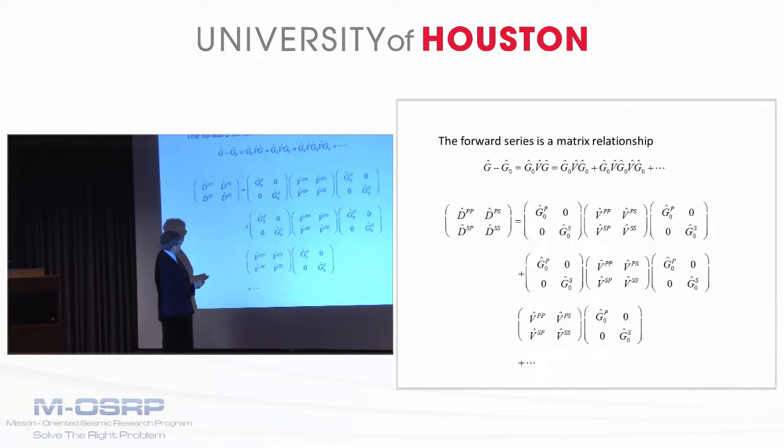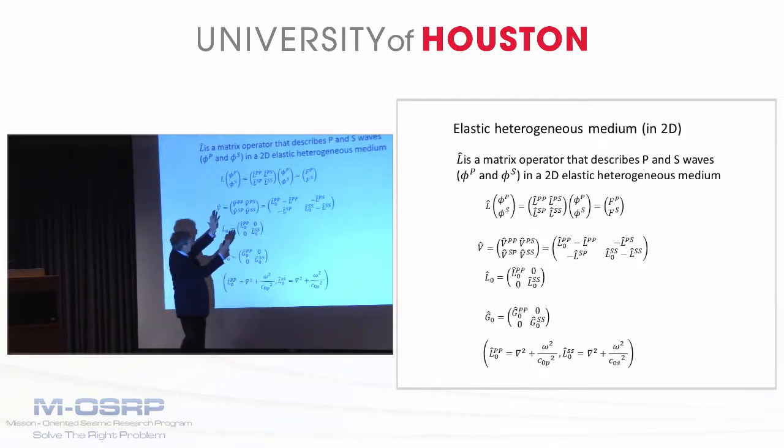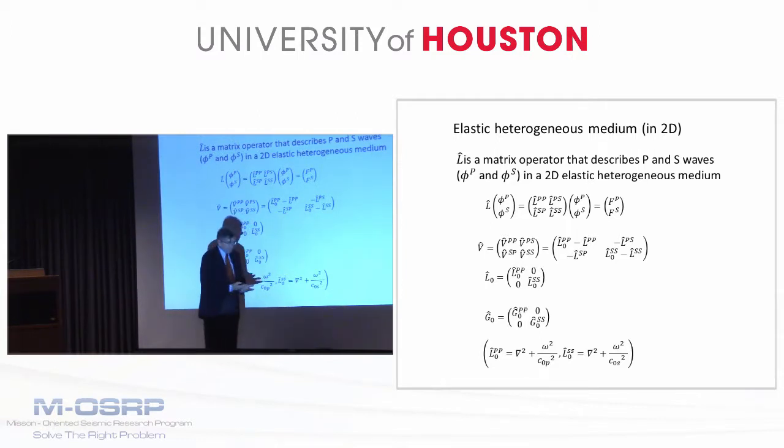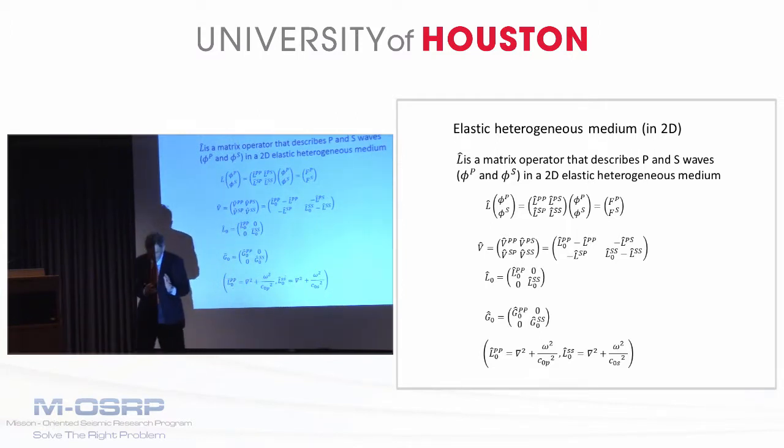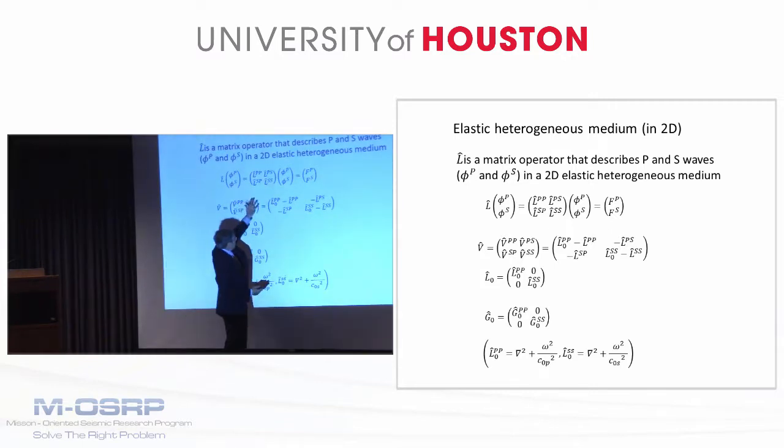So the point is this. Here's your forward data. What's the point? Where did this thing come from? That's the key. This elastic thing is a matrix. In other words, P and S are coupled. Yes? You have a matrix. For homogeneous, not. P is alone, S is alone, isotropic. But once it's heterogeneous, you have a matrix relationship.